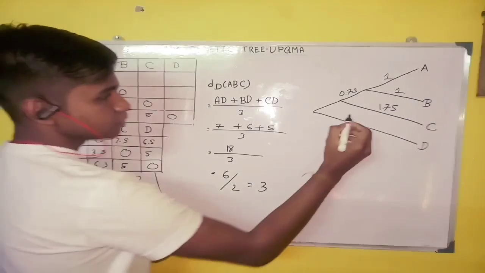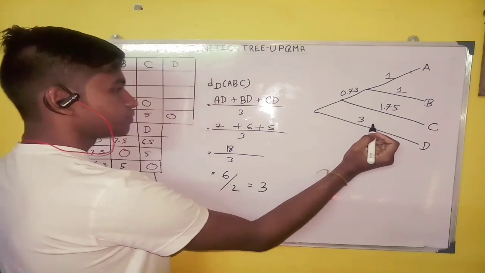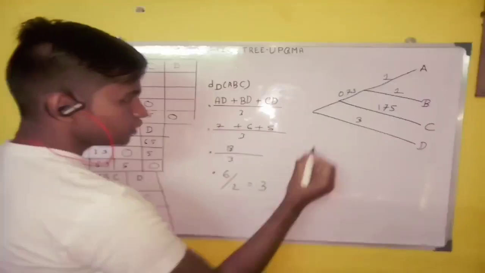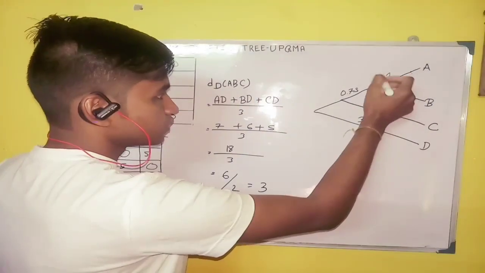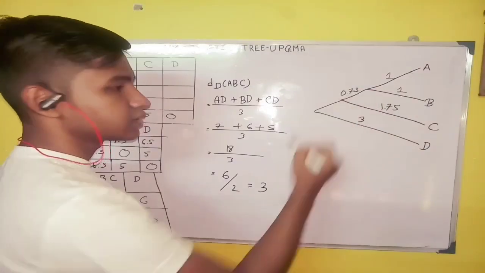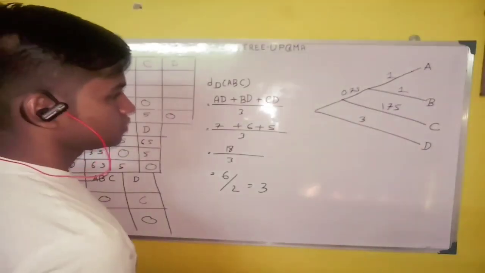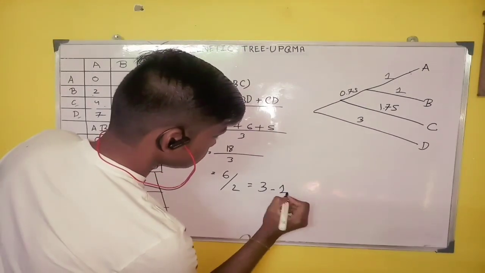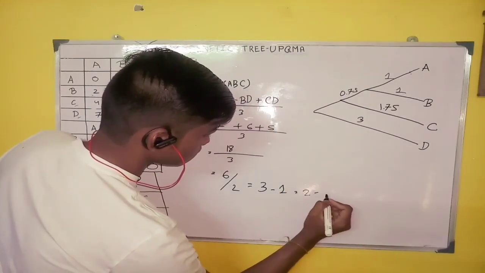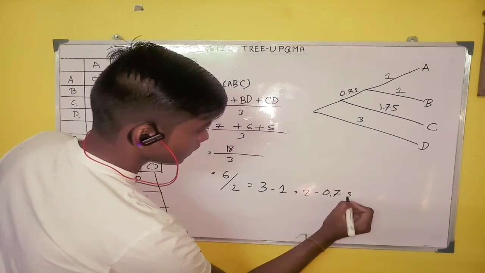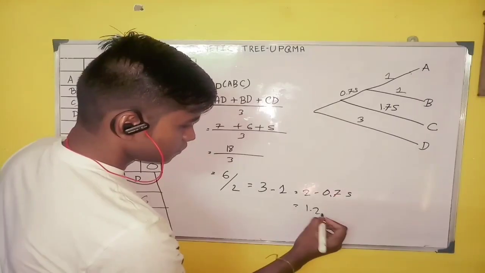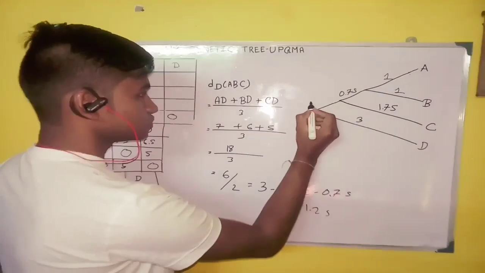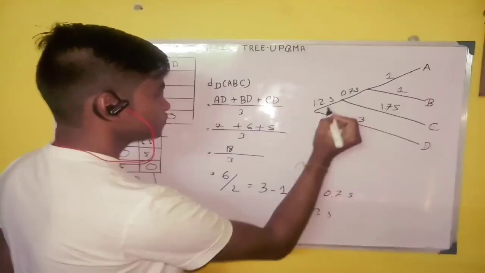Here we will write 3, but we have to notify that already 1 is occupied and 0.75 is also occupied. So we will minus 1, we get 2, and we will minus 0.75, we get 1.25. So here we will write 1.25.